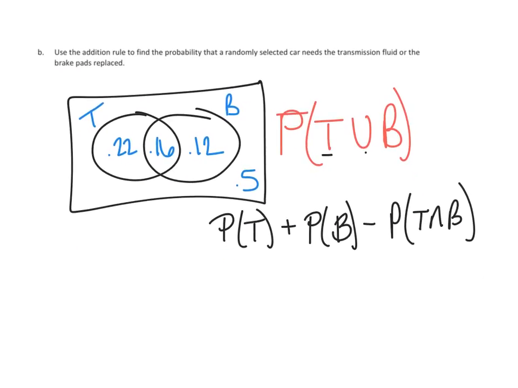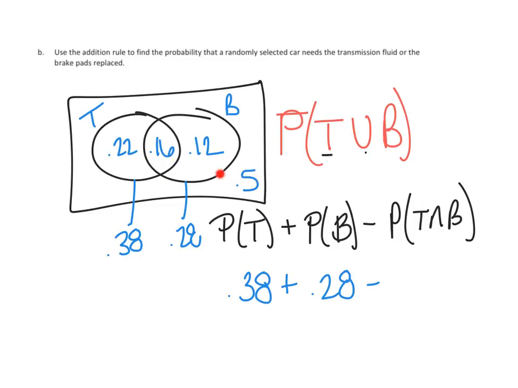The probability that I need transmission fluid is this whole circle, which we said was 0.38. Plus the probability that I need brake pads, which is this whole circle, which we said was 0.28. Now I have to take out anybody that repeats. So do you see what I mean by repeats? By me saying 0.38, I'm including 0.22 and 0.16.